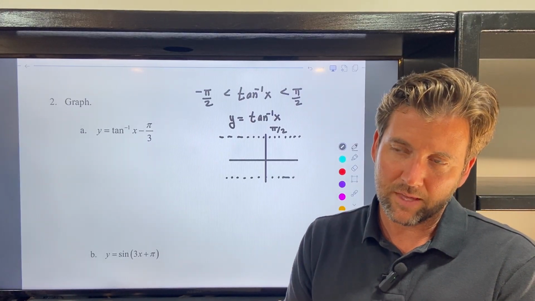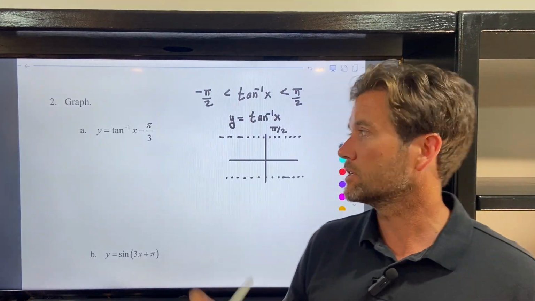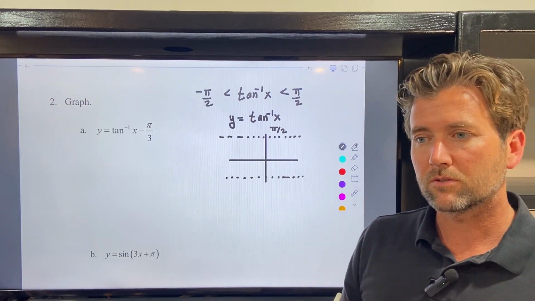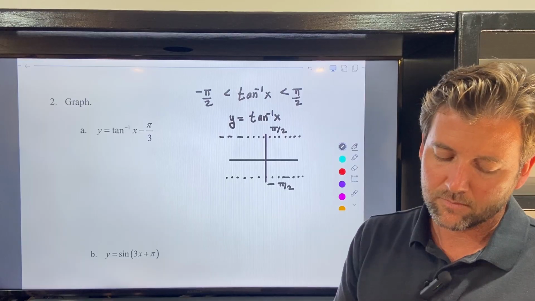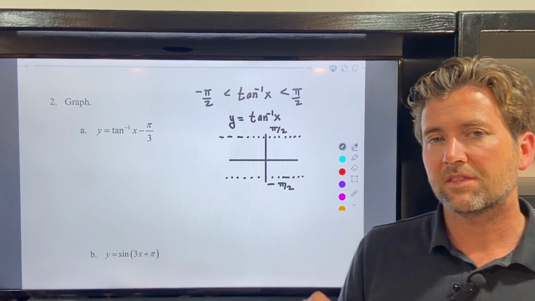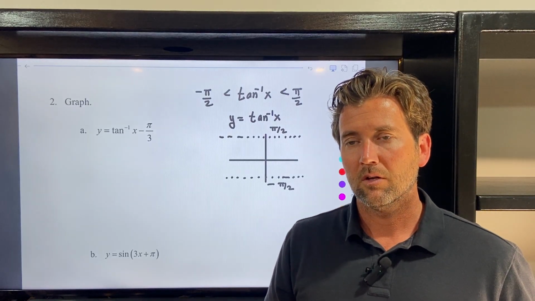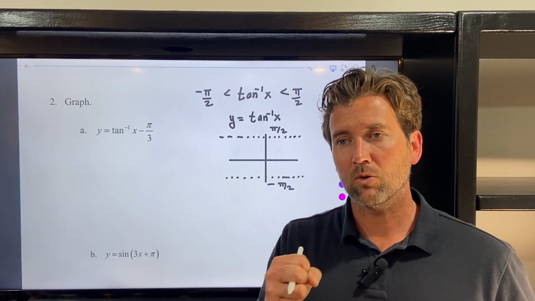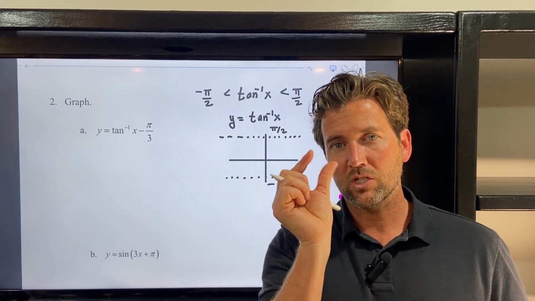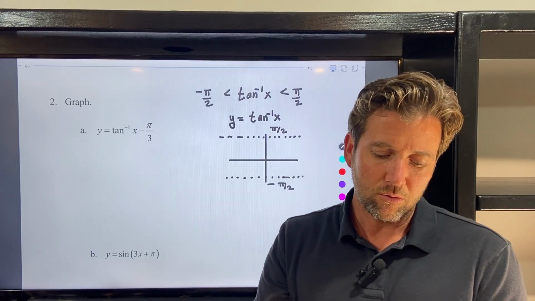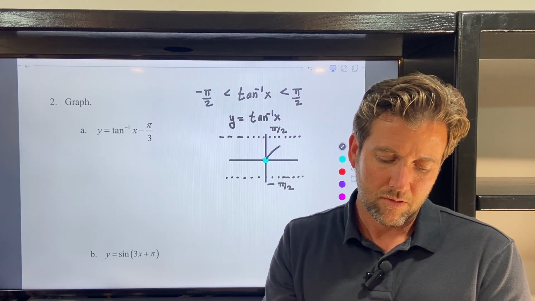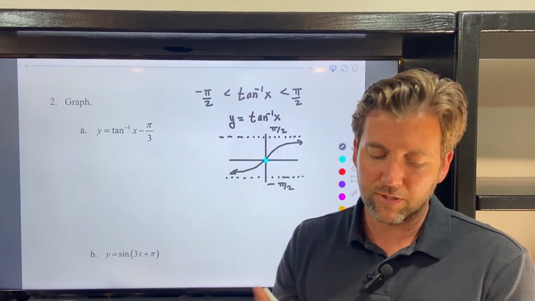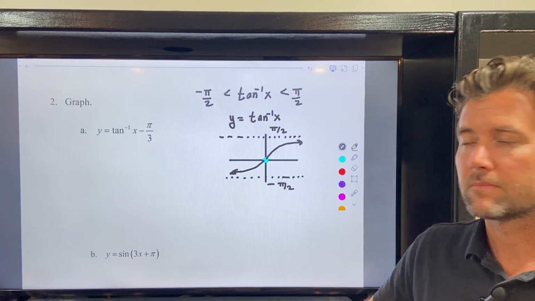So that vertical asymptote for tangent becomes the inverse's horizontal asymptote. Now you also know that the tangent of 0 is 0. The tangent of x has a point at the origin. If you find the inverse and you switch the x and y coordinates, you will still get this point at 0, 0. This is what the parent graph looks like of arctangent of x.